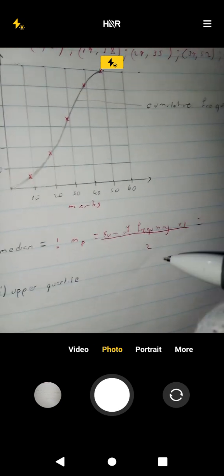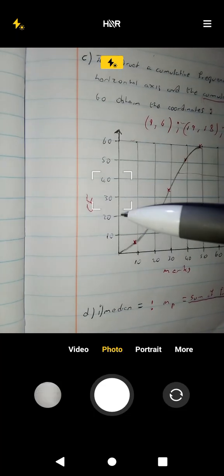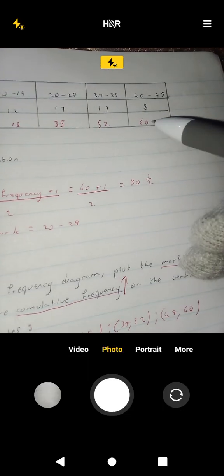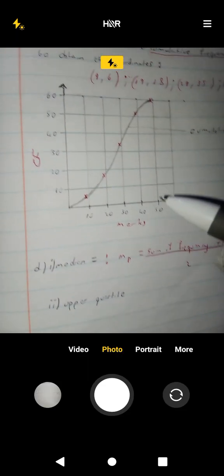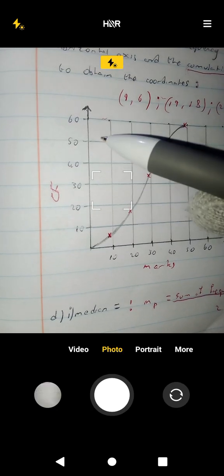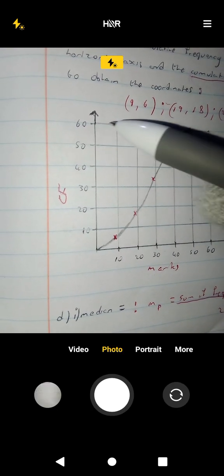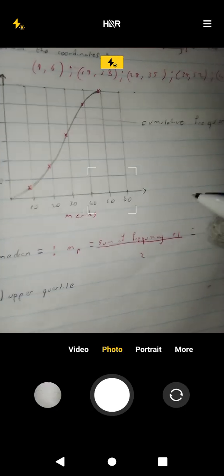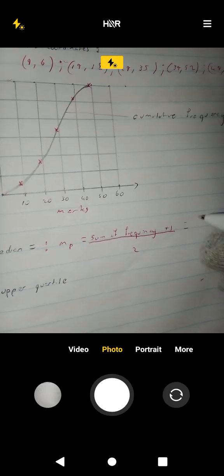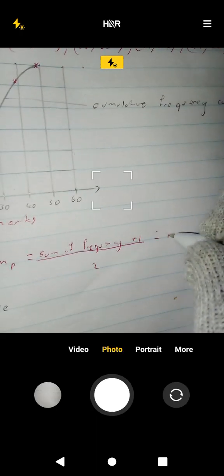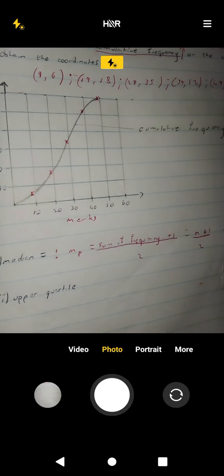The sum of frequency is actually 60, like we've seen in the cumulative frequency: if you sum all the terms we get to 60. So the sum of frequency is the total cumulative frequency up to this point, and we shall call it N. So N plus 1 over 2 is the median position.